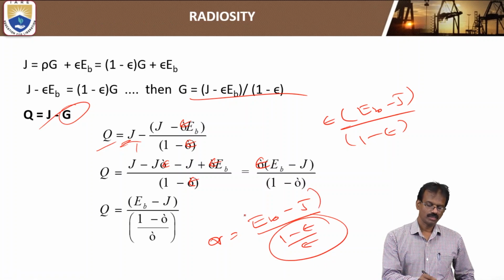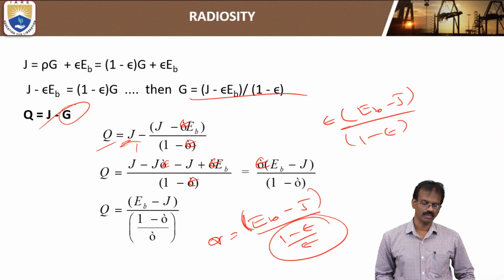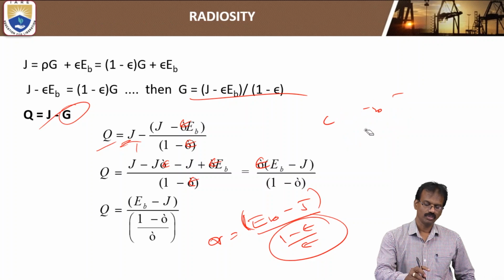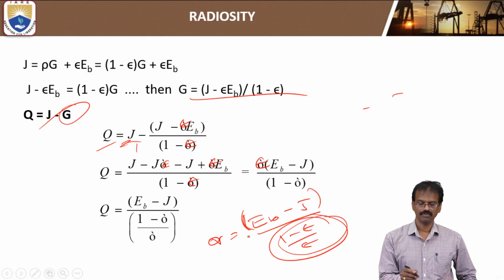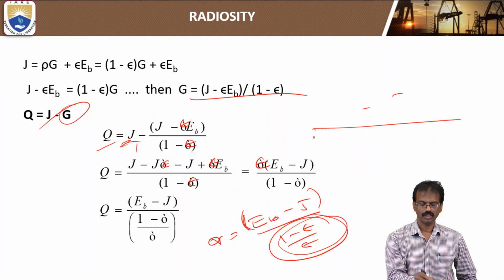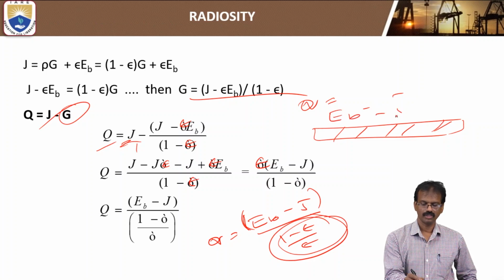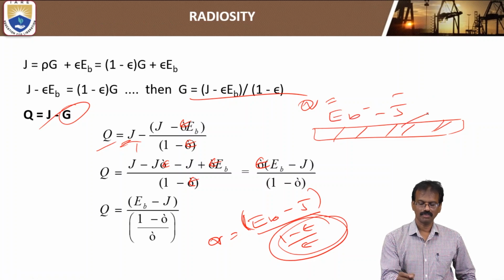The numerator is the potential difference, the thermal energy difference of the particular surface: emissive energy minus radiosity, divided by the thermal resistance of the surface. So the radiation heat transfer in a particular surface, Q, is emissive energy EB minus radiosity J, divided by the thermal resistance.